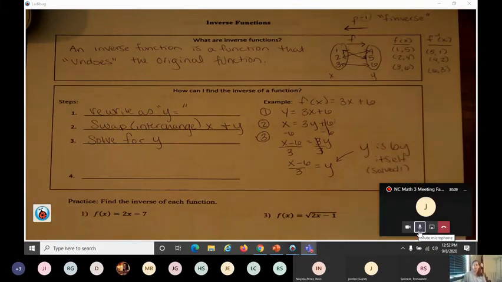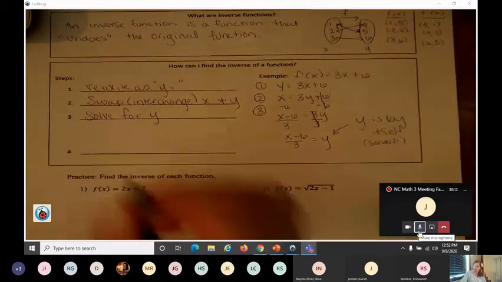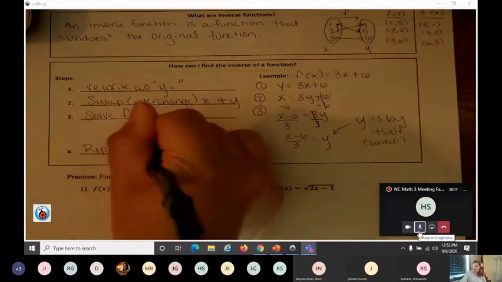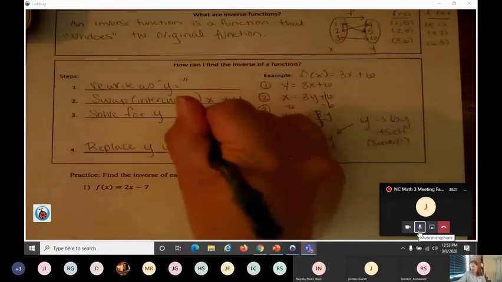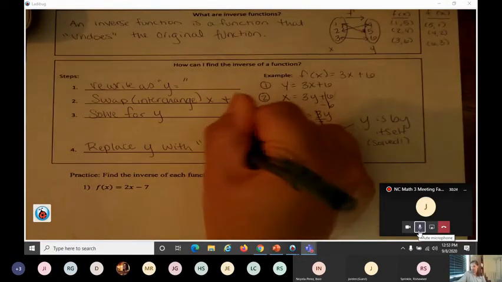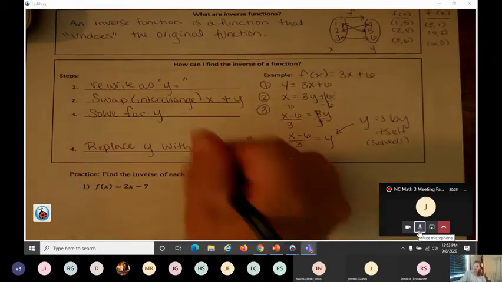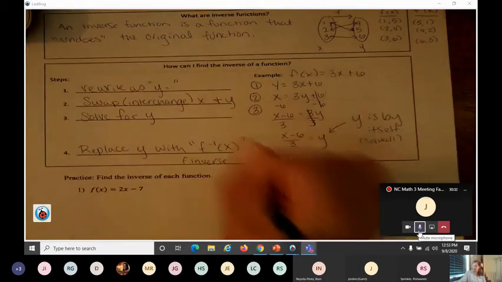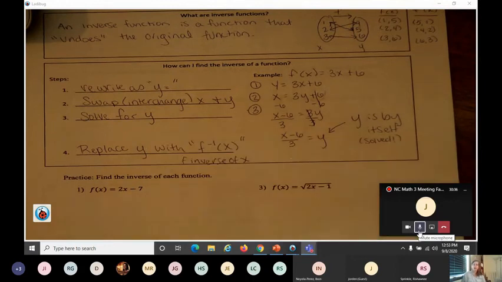Now the very, very last step is to replace y with f inverse of x. Remember that we say this as f inverse of x, not f negative 1x. It's f inverse of x.